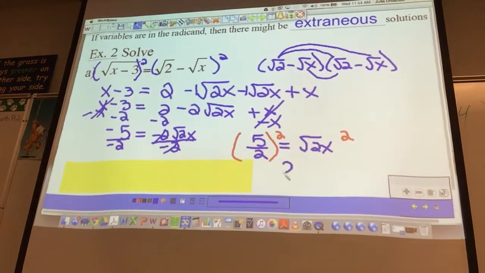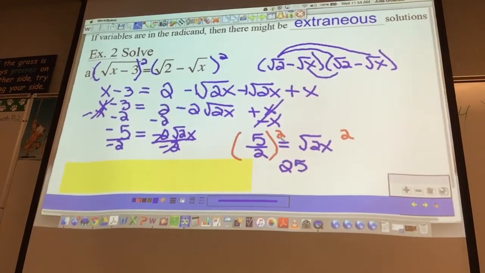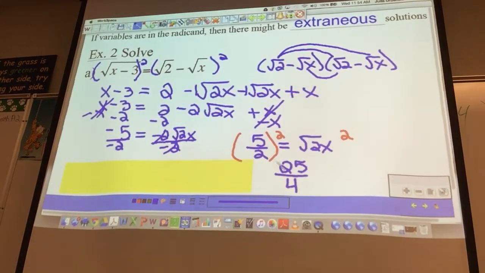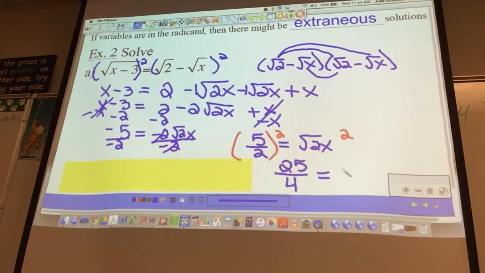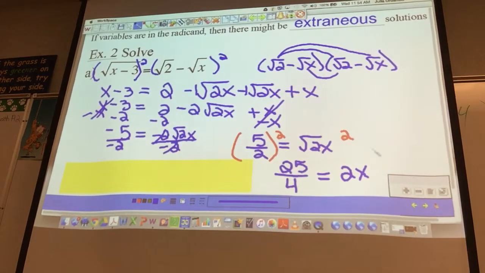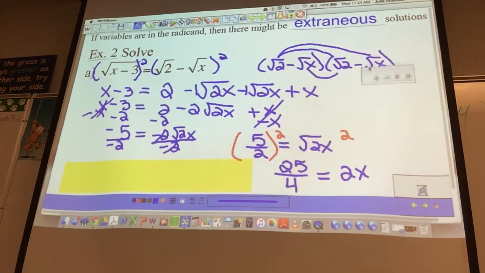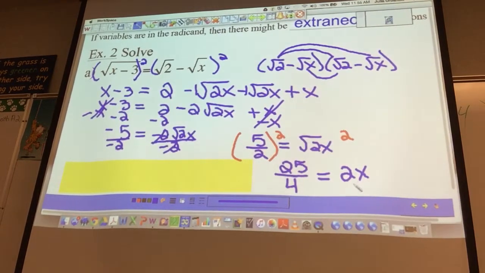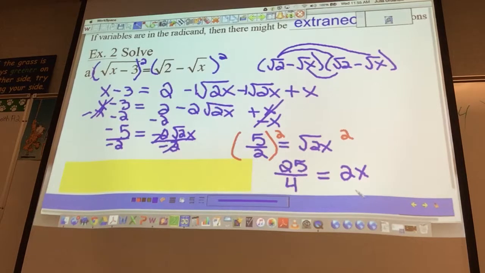5 squared is 25. 5 squared over 2 squared, which is 4. You square the top and you square the bottom, equals 2x. Because the square and the square root went away. Now deal with that fraction. What's the last thing we have to do? We want x alone.